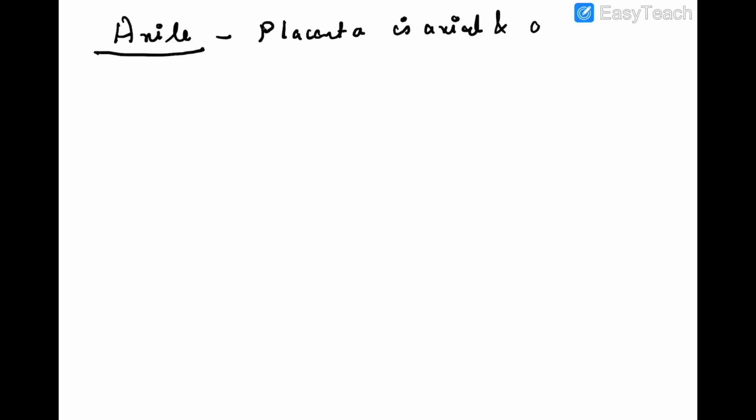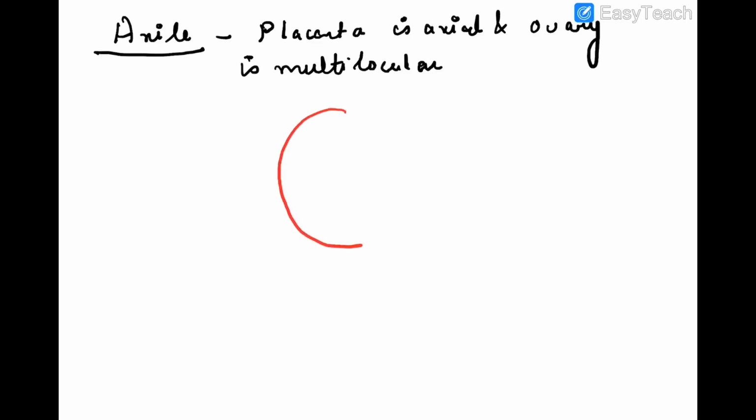The next type of placentation is axial placentation. Here placenta is axial and ovary is multilocular, means it has more than one compartment. Let us draw the diagram. So if this is the ovary, then it would be multilocular, means it would have many compartments, as I have drawn 4 compartments here.